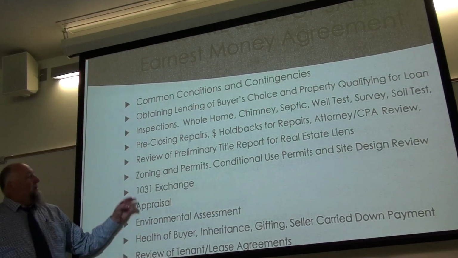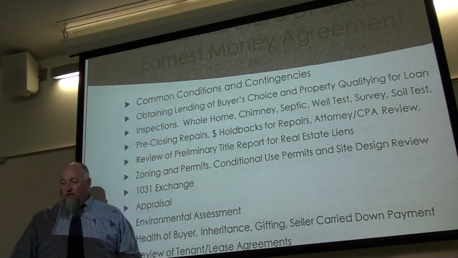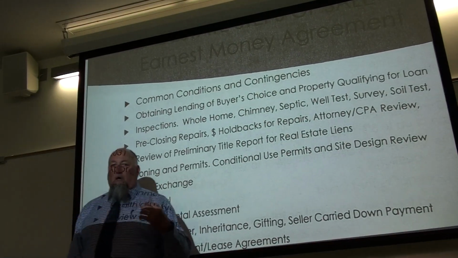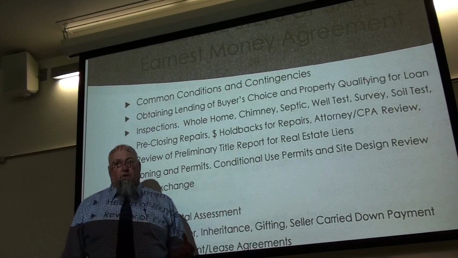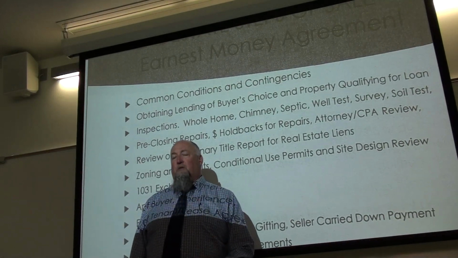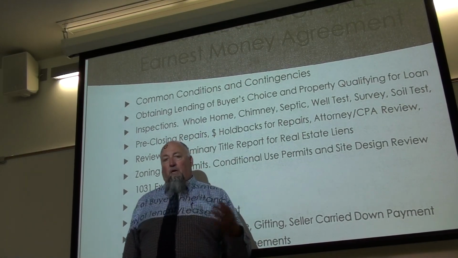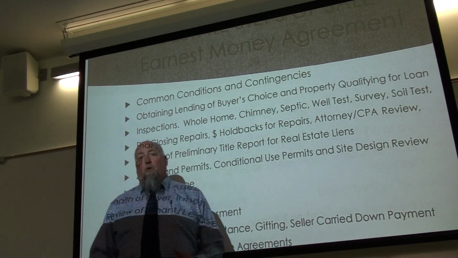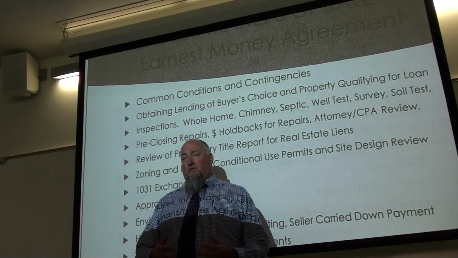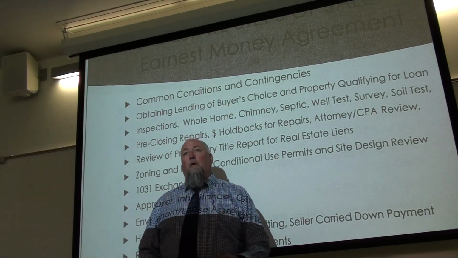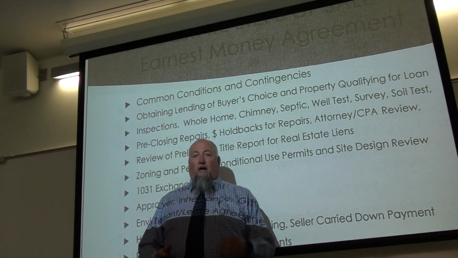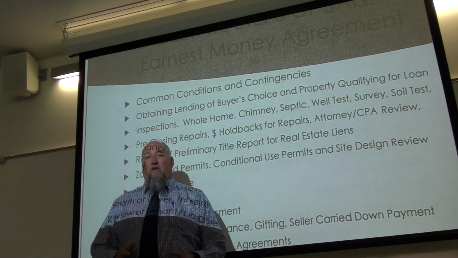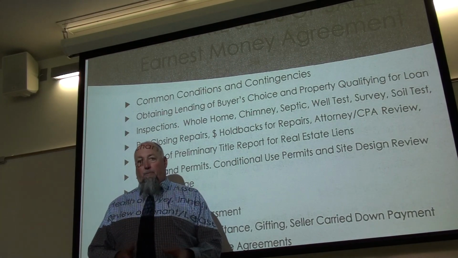All right. Other common conditions: zoning and permits. Obviously if you're a buyer, and again this is more so for commercial or agricultural than residential, you're going to want to make sure that the property is properly zoned. Zoning is where property is divided up throughout the state, and zones are assigned for the type of activities that can occur on that property.